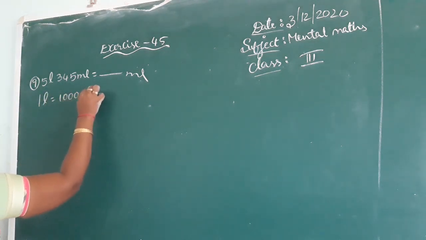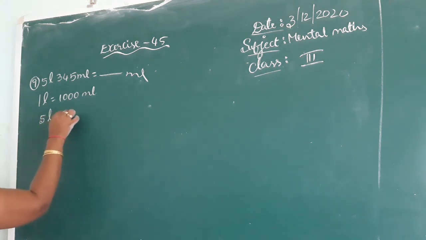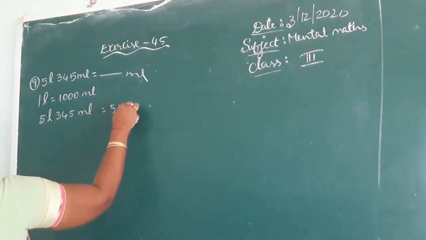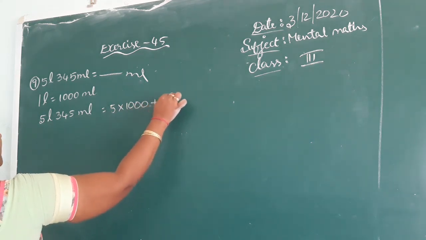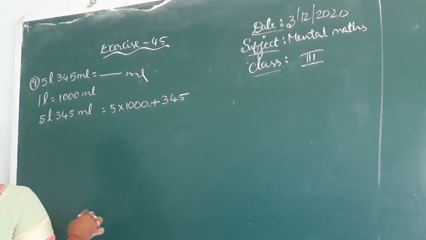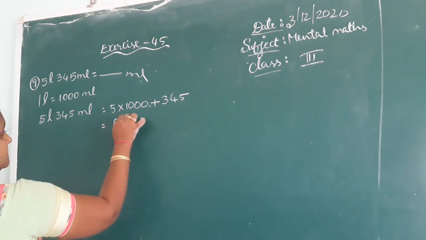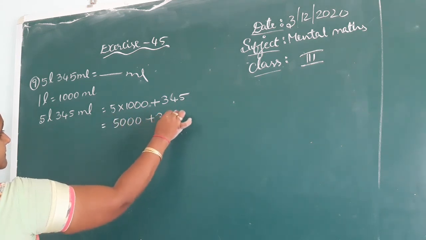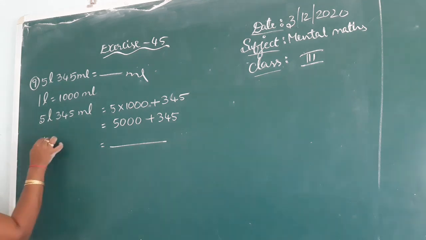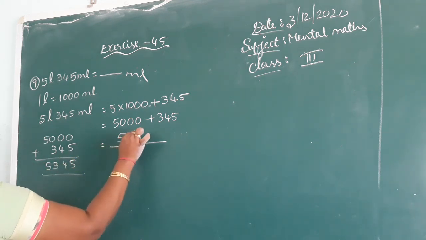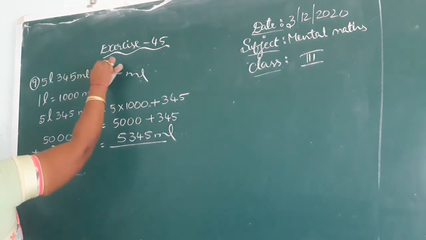So 5 into 1000 plus 345 milliliters, as usual you have to write. What is 5 into 1000? 5000 plus 345. What will you get? 5345 ml is the answer.